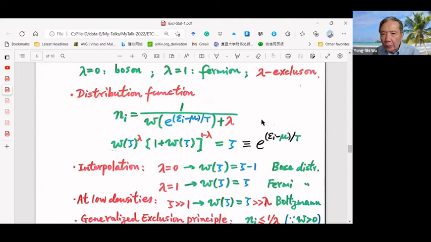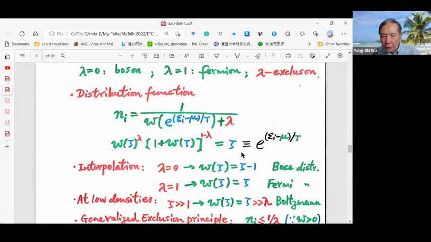Okay, so another explicit result for lambda exclusion is given by the distribution function. Okay, W is a function of zeta, and zeta is given by this exponential. This W satisfies a functional equation like this.